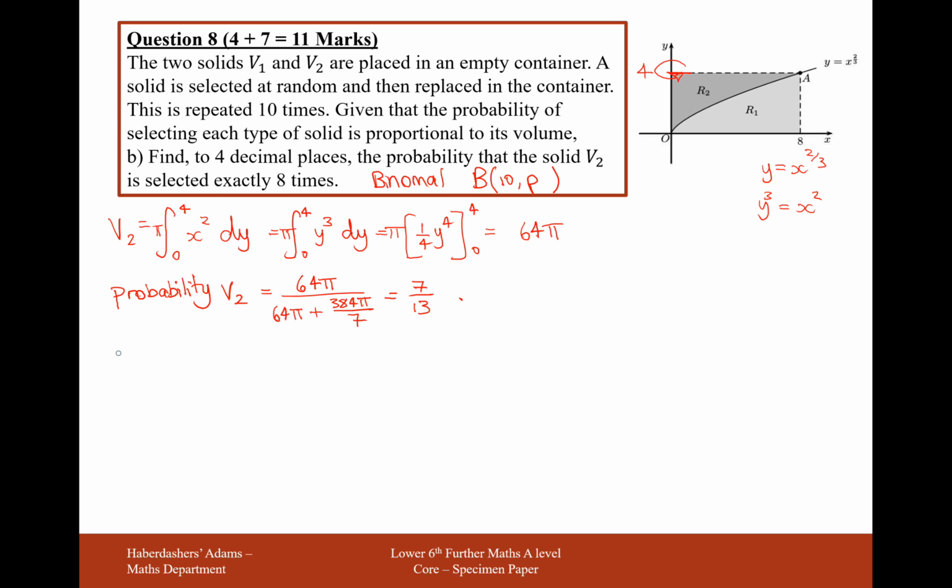So using the binomial probability, X is going to be binomially distributed with 10 events and a probability of 7 over 13, a bit more than half.